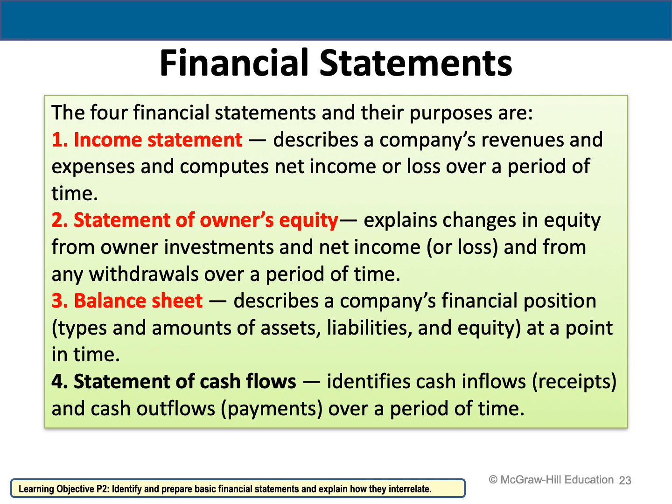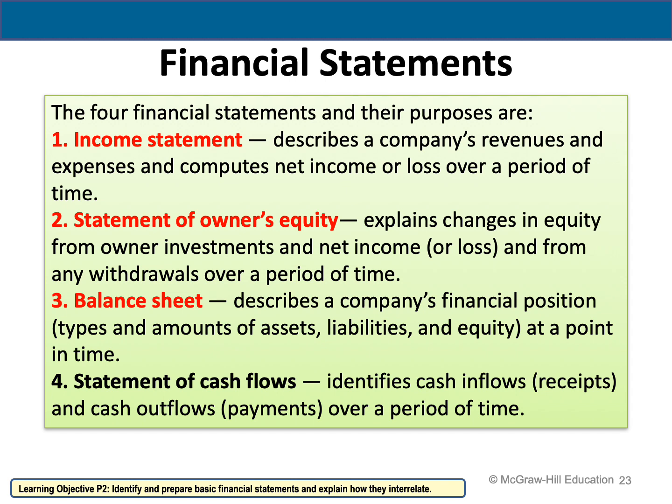The first statement is the income statement, followed by the statement of owner's equity, followed by the balance sheet, and finally the statement of cash flow. In this course, Account 112, we will learn how to prepare the first 3 statements. The statement of cash flow is not included in this course.